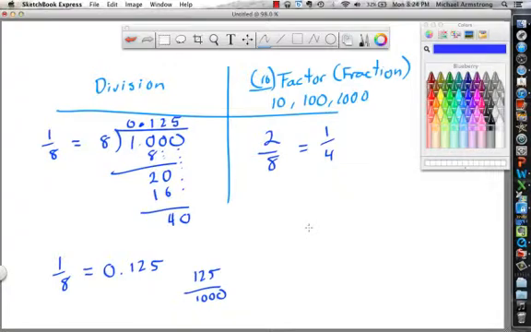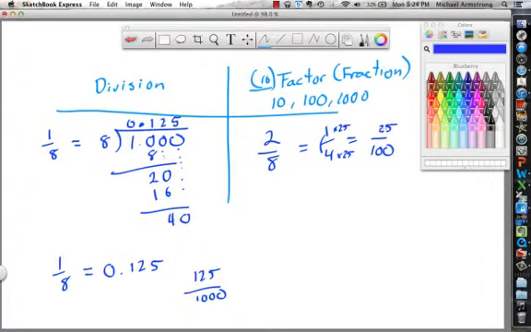Right? And 4, does 4 go into 10? No. Does it go into 100? Yes. Hopefully this is one that you recognize. This is 1/4, and 1/4 goes into 100 25 times. So I might immediately say what goes into 100. 4 times 25 is 100, so 1 times 25 is 25.